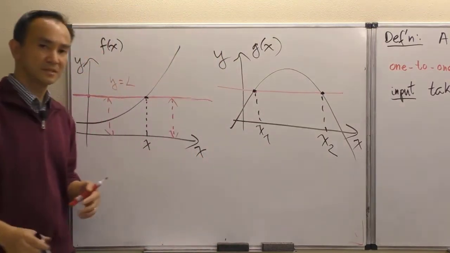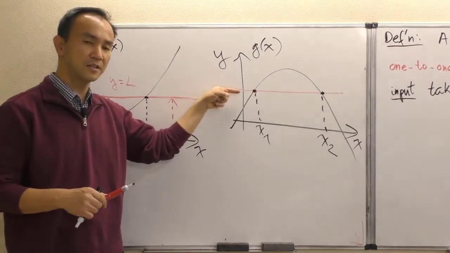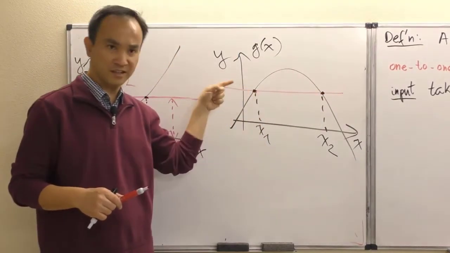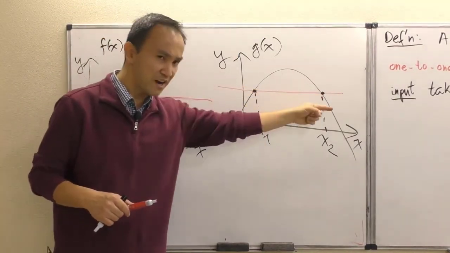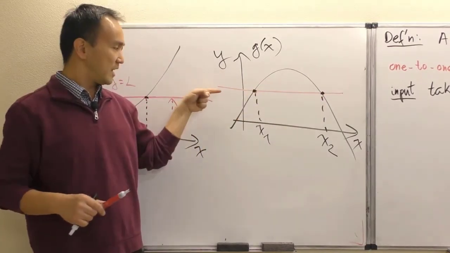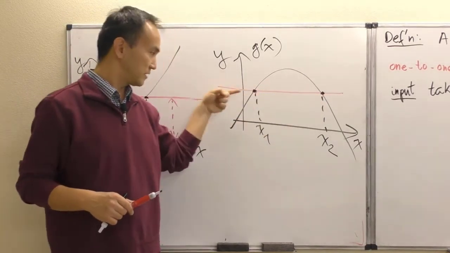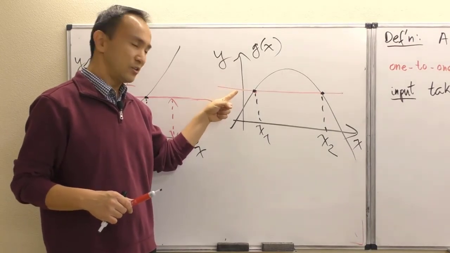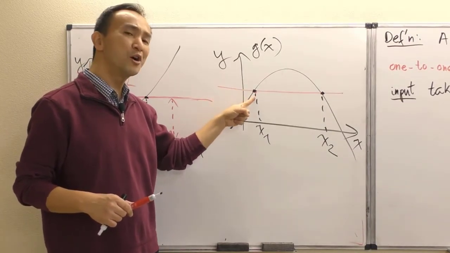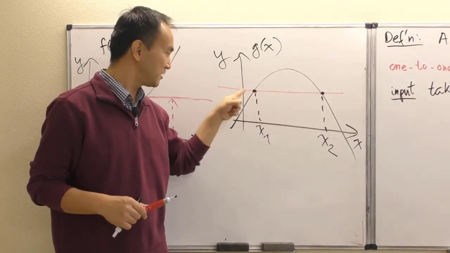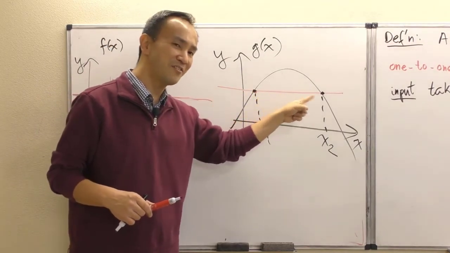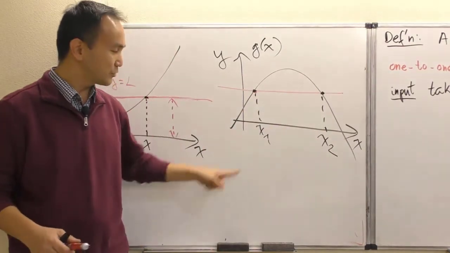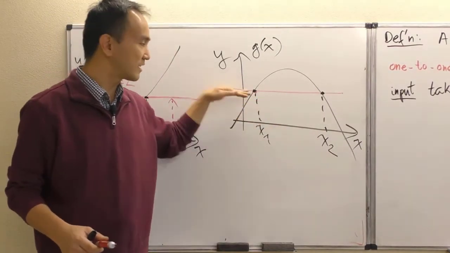See, in this graph of g right here, drawing this one horizontal line, and this drawing just came out of a random selection, I randomly drew that horizontal line representing an output. And with this specific output right here, there were 2 inputs, because the horizontal line crosses my graph at 2 points. We're seeing it visually. So there were 2 inputs taken to that output.